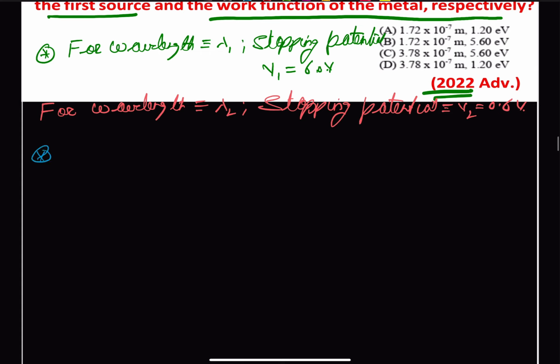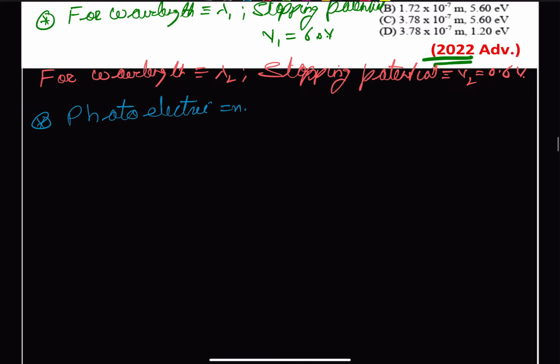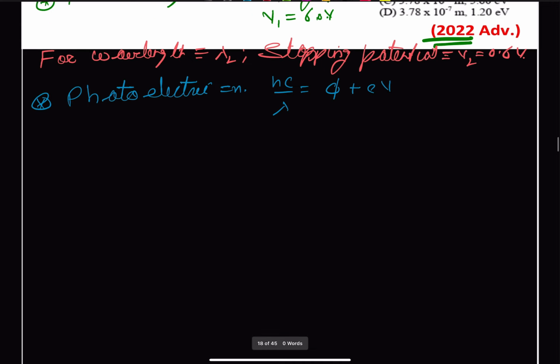We can write that Hc upon lambda is equal to our work function plus our stopping potential, eV. Now we have two wavelengths, so we can just divide into two parts.